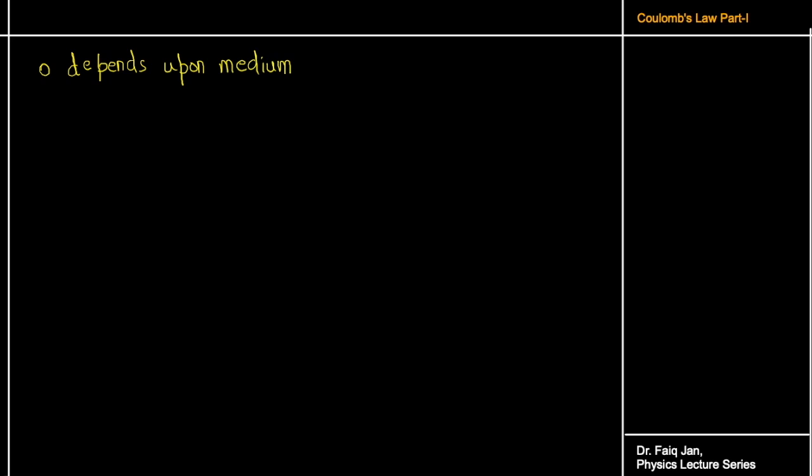So if the space between the charges Q1 and Q2 is filled with a non-conducting medium or an insulator called dielectric, with dielectric constant capital K or relative permittivity epsilon r.